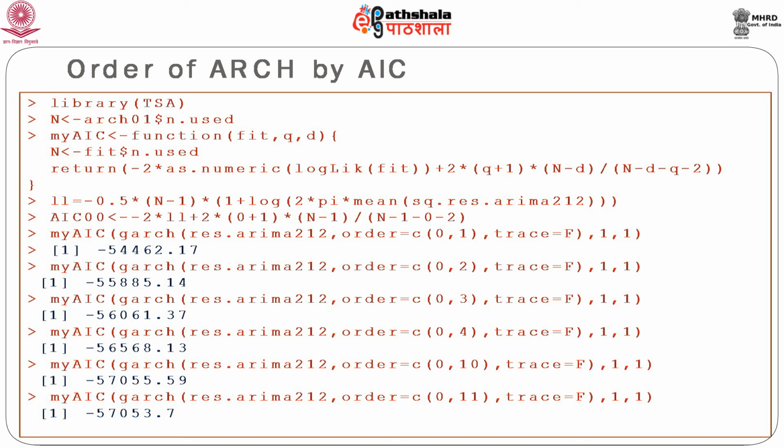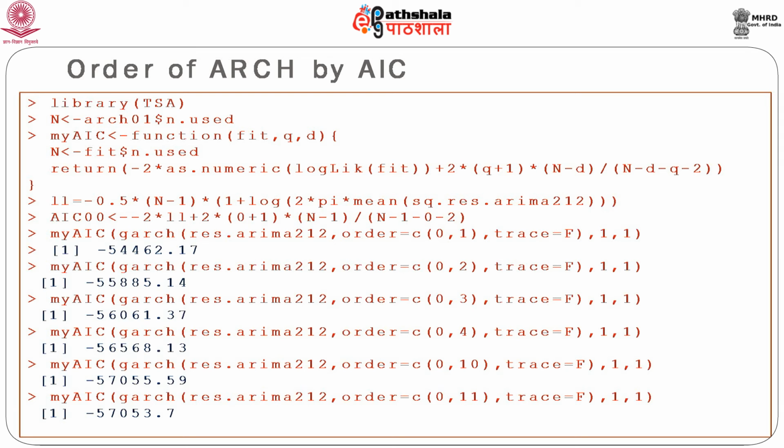So for orders 1, 2, 3, 4, up to 10 and 11 I explored the AIC, and ARCH 10 was found to be the most appropriate.